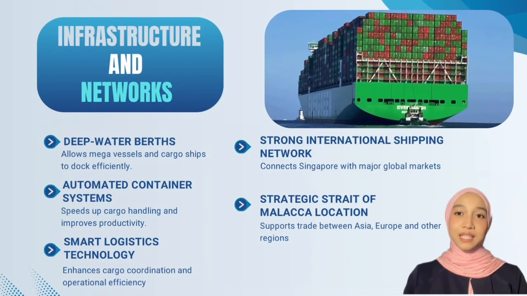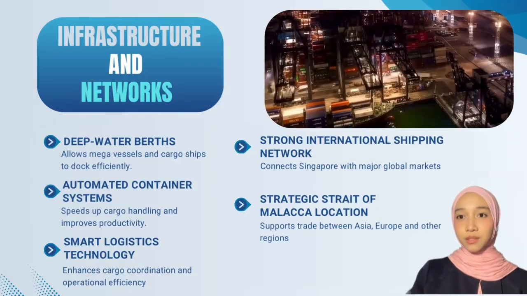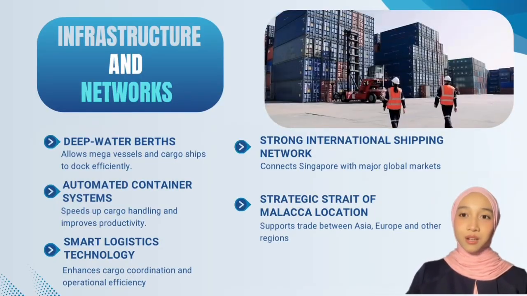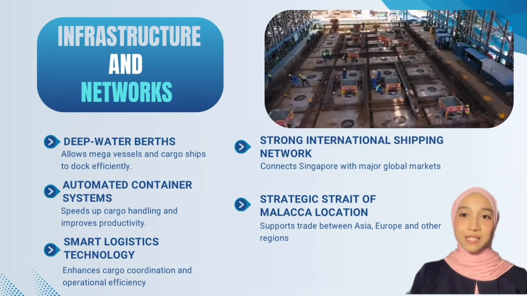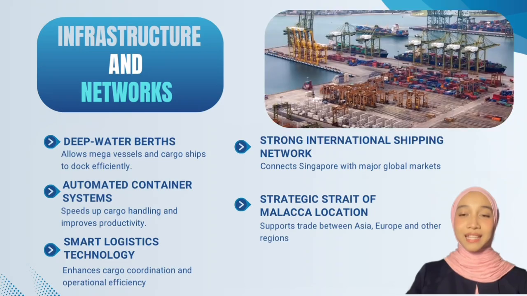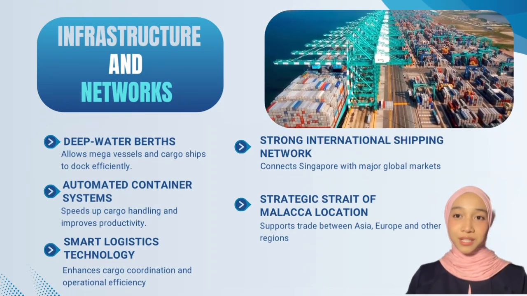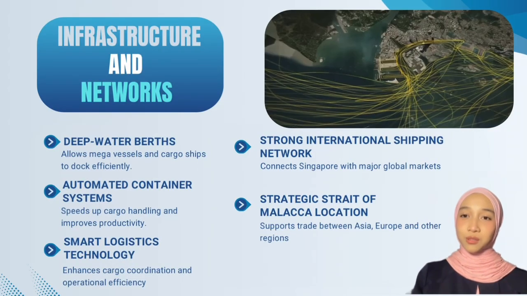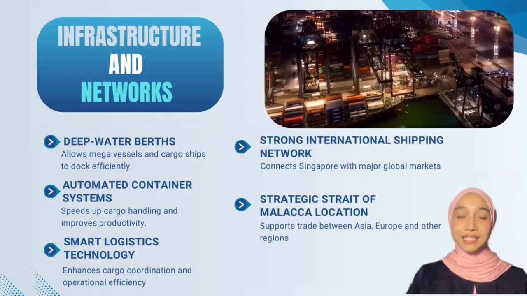Tuas Megaport is supported by strong infrastructure such as deep water berths, which allow large cargo vessels and mega ships to dock efficiently. Besides that, automated container systems help speed up cargo handling and improve operational activity. Furthermore, smart logistic technologies are used to improve cargo coordination and make port operations more efficient.